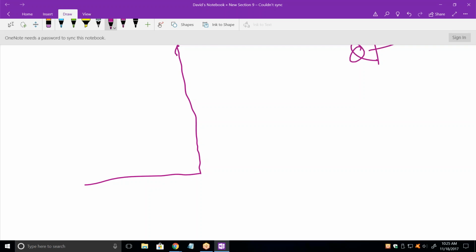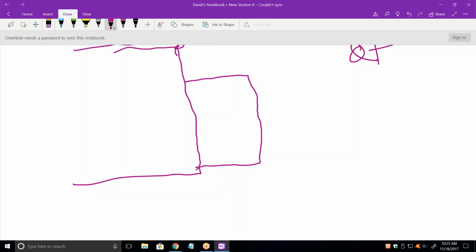We have a building here. That's a house. And we want to build a corral for our animals off the end of the house. And we know how much wood we have.